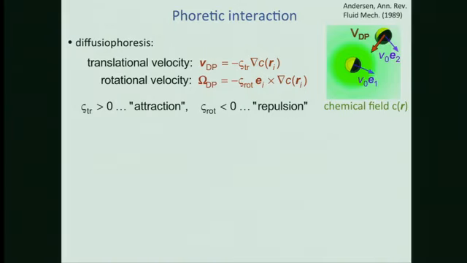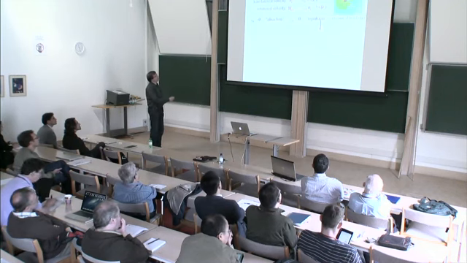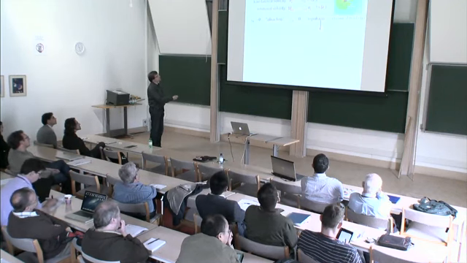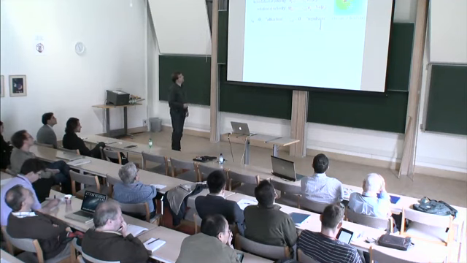So this is the particle which consumes hydrogen peroxide. So it produces a sink, basically, of a chemical. So for the nearby particle, it produces a chemical gradient. And we know from colloidal physics, so this is the relevant literature here, that colloidal particles in these chemical gradients move with a velocity which is proportional to the gradient of the chemical.